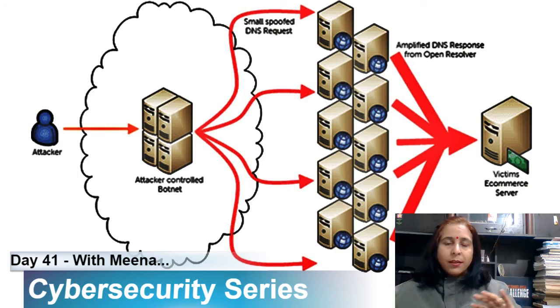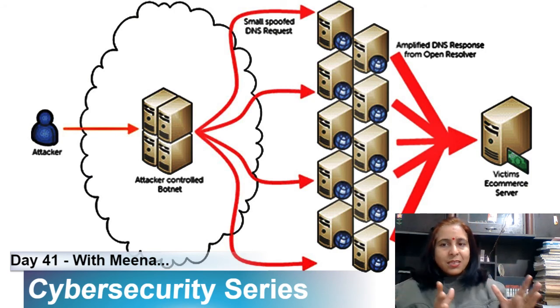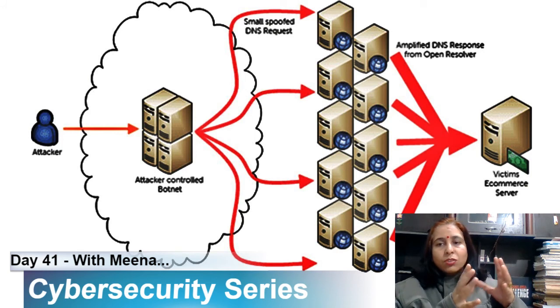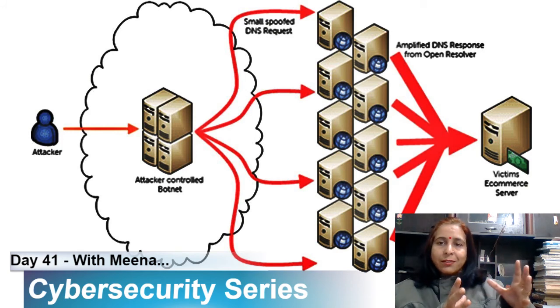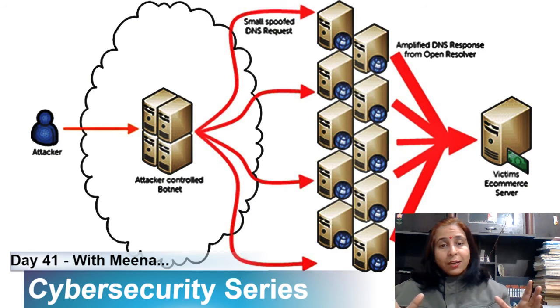For example, the attacker created a network of malicious devices, or what we can call a botnet, which are hijacked or controlled by the attackers, and in this botnet there can be thousands or millions of devices.